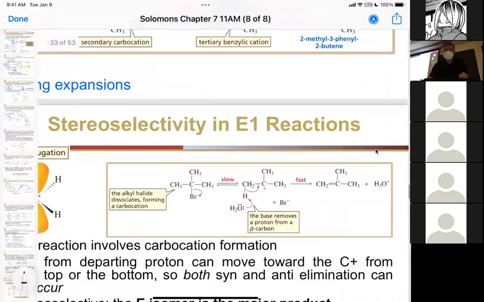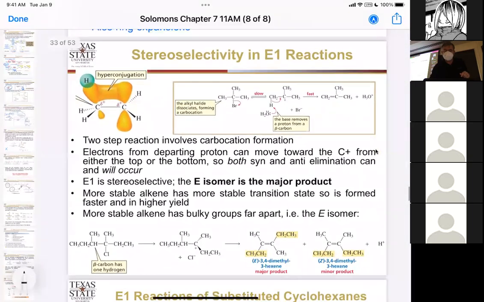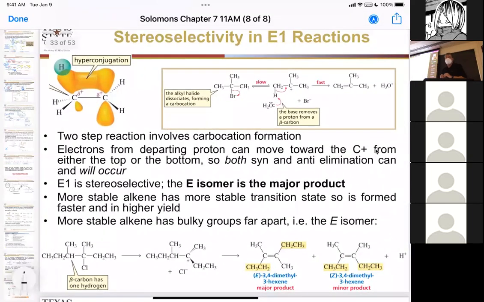Okay, so when we're looking for this stereoselectivity in these E1 reactions, we have to remember what the shape of that carbocation is, right? That shape of the carbocation, it's trigonal planar, and that orbital is empty above and below that plane. And that orbital is most likely already hyperconjugating to one of the sigma bonds between carbon and hydrogen on an adjacent carbon.